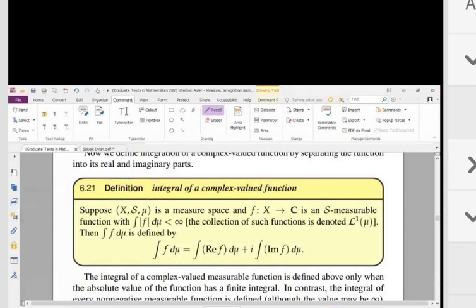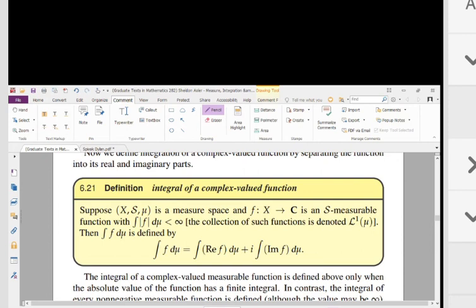Suppose X with mu is a measure space and f from X to C is an S measurable function with this property, f is integrable with respect to mu. The collection of such functions is denoted by L1 of mu.